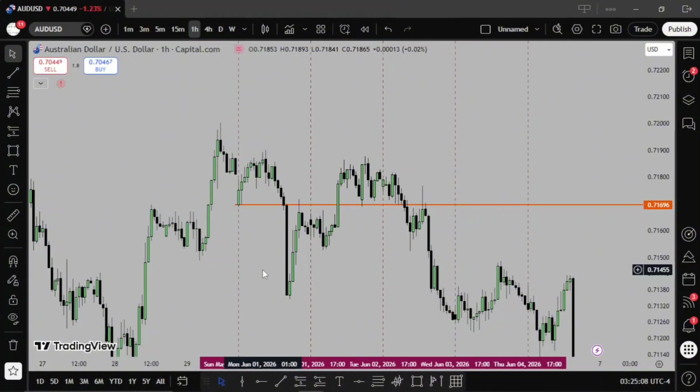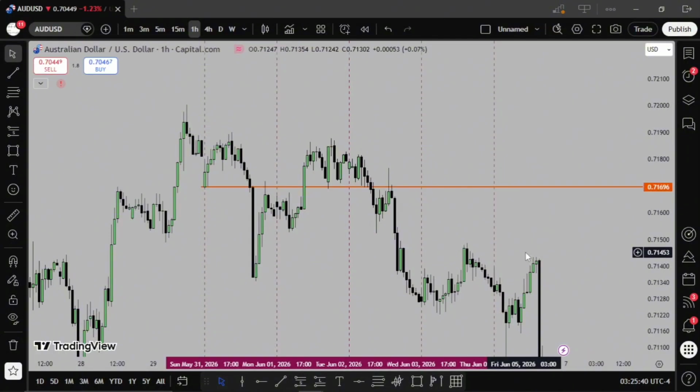Now, back to having the Sunday opening price up to Thursday. Why I said this: once you have a Sunday opening price up to Thursday, there is a reason. Say you are bearish for the week, according to your analysis. Yes, you might be right, and you can also be wrong at the same time.